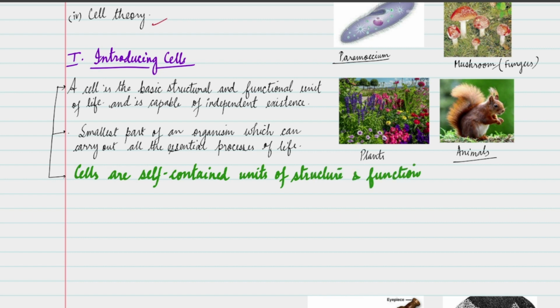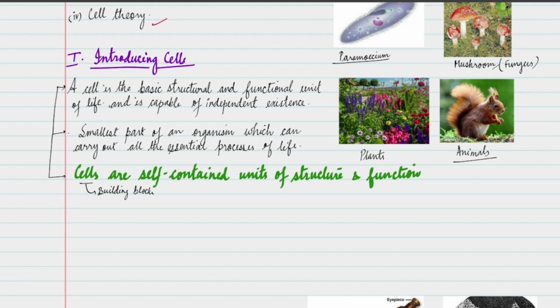Cells are basically the building blocks. So we have to understand one thing: in a single-cell organism, whose entire body is made up of only one cell, that cell has to carry out all these activities.